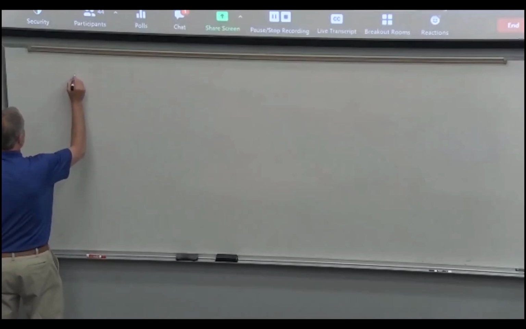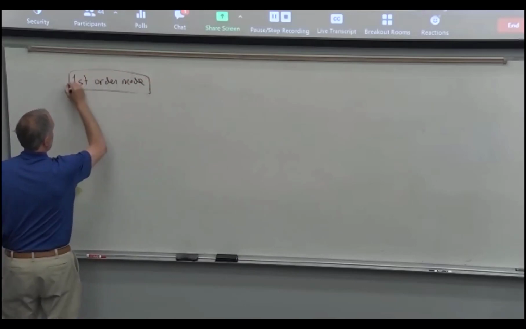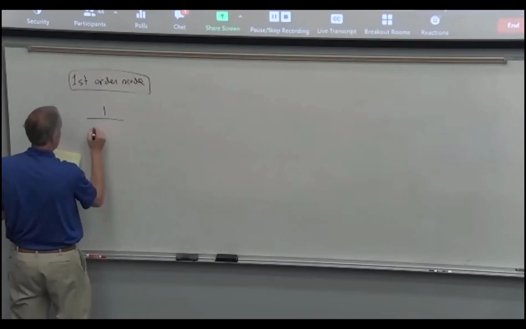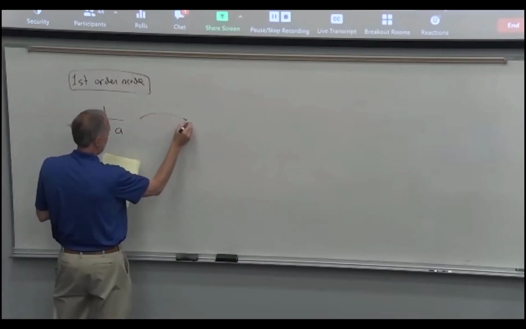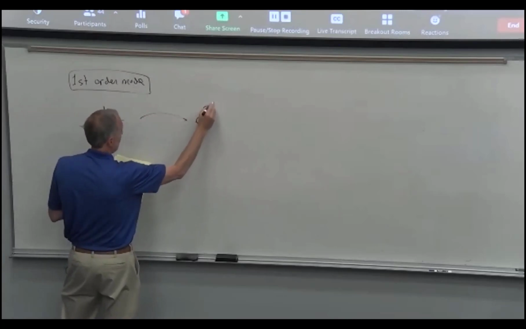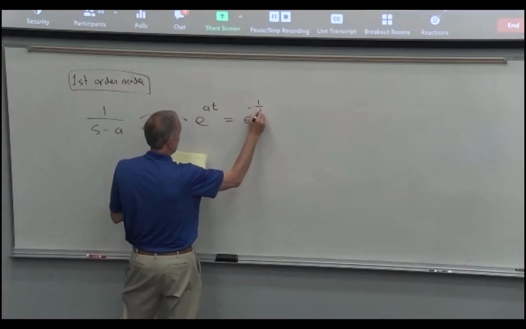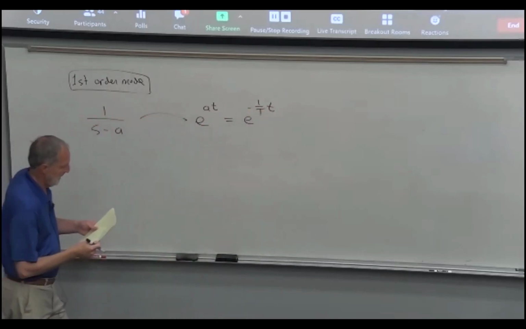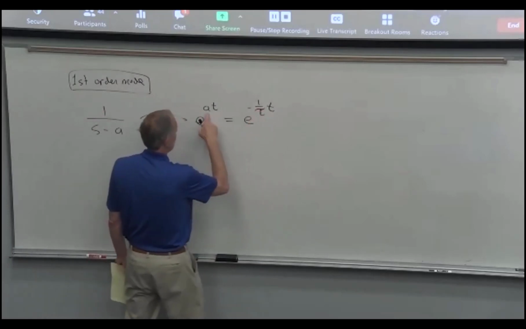So we talked about a first order mode last time, which meant that we had just a real root A. And that turns into e to the AT, and we found out that people talk about this by defining this time constant, tau, that's -1/A.